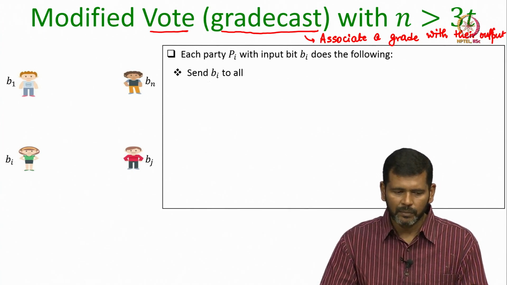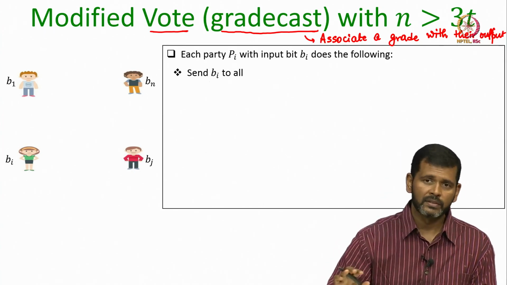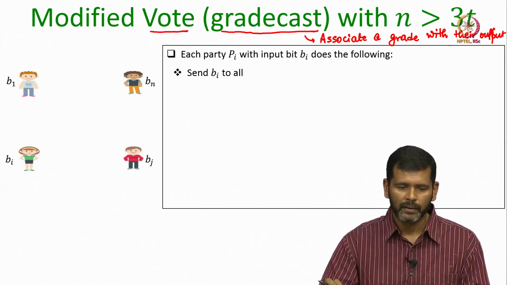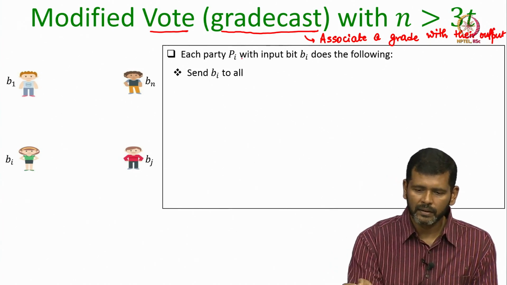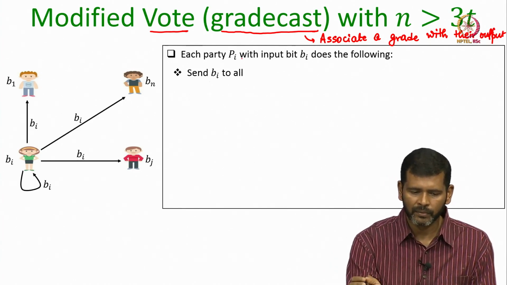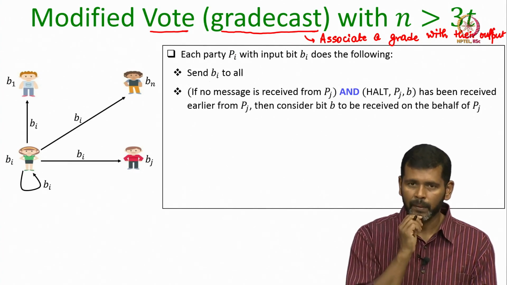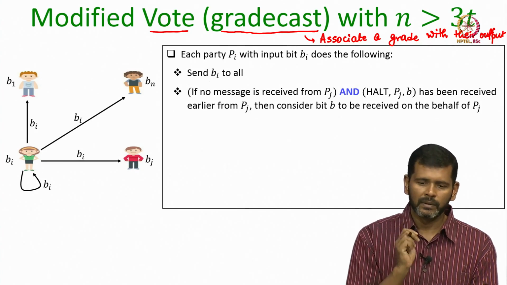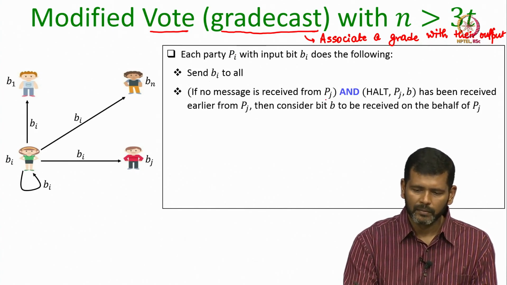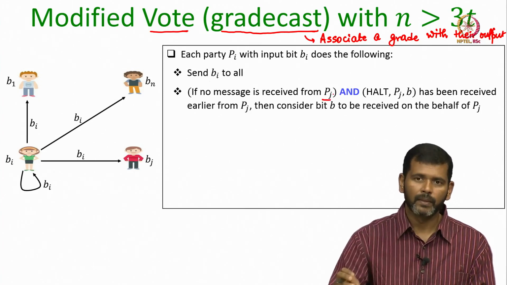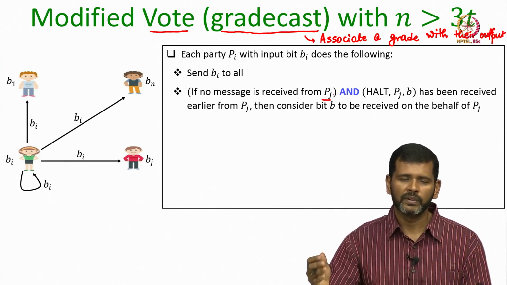The communication pattern remains the same, it is still a one round protocol. Every party will send its bit to everyone including itself. However, it could be possible that there is some party pj from whom no message is coming.